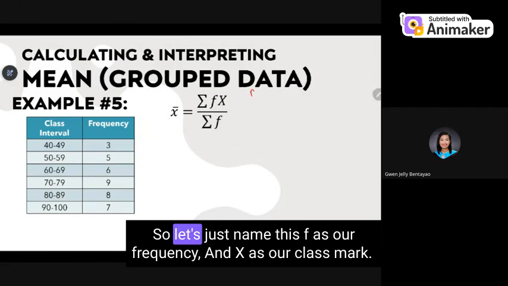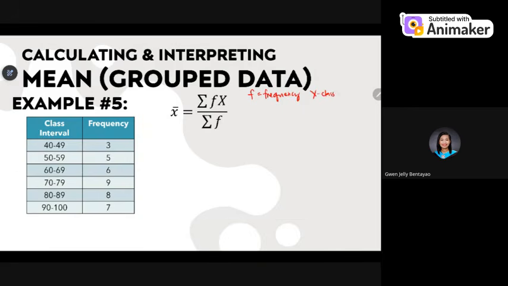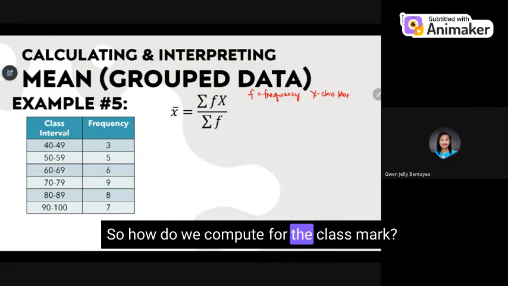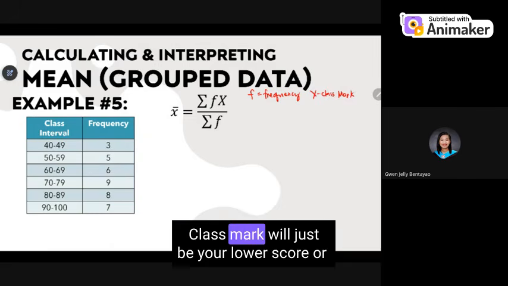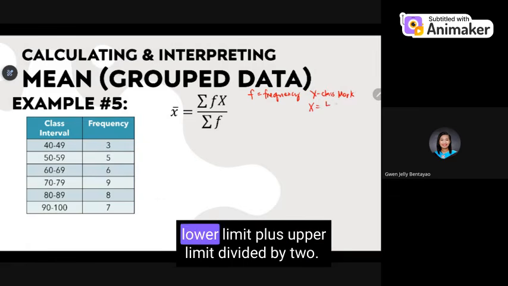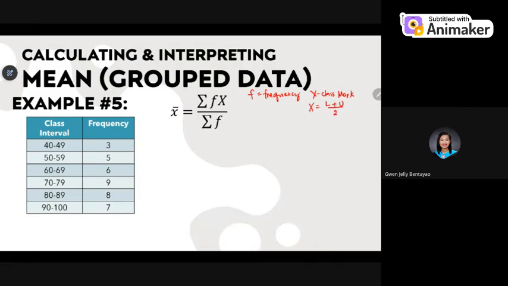Let's name f as our frequency and x as our class mark. So how do we compute the class mark? Class mark will just be your lower limit plus upper limit divided by 2.